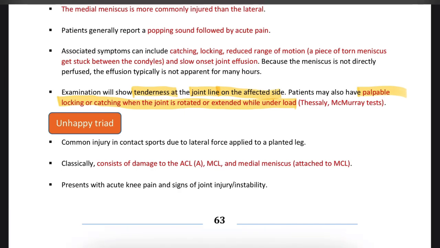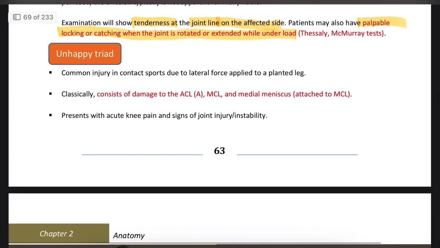The anterior cruciate ligament is injured due to rotational force, the medial collateral ligament due to valgus force, and the medial meniscus, tethered to the medial collateral ligament, gets torn with it. So in the unhappy triad, these three structures are affected: ACL, MCL and medial meniscus.